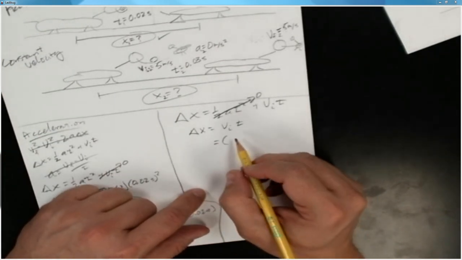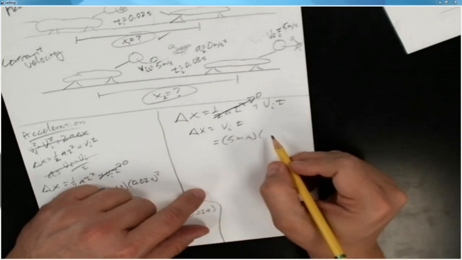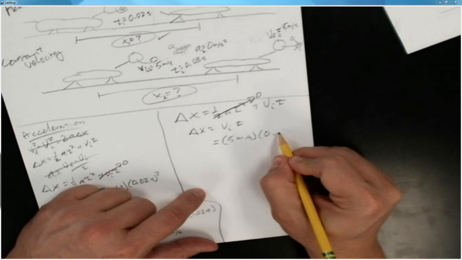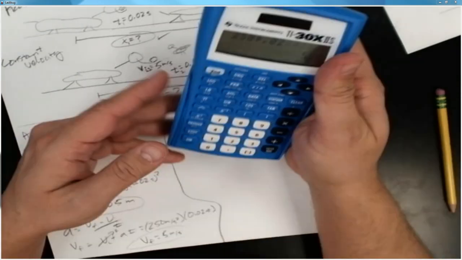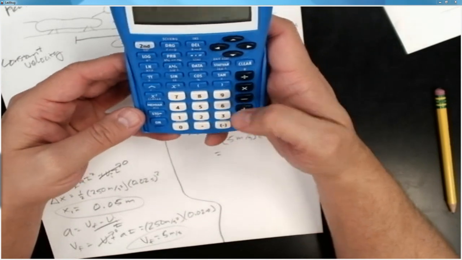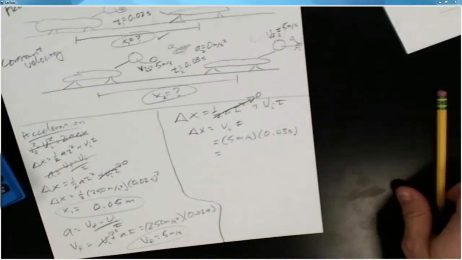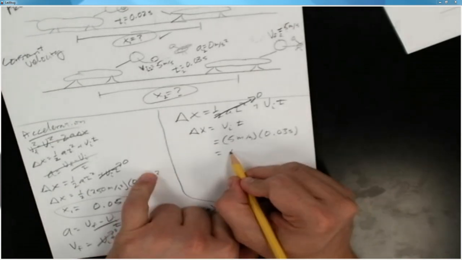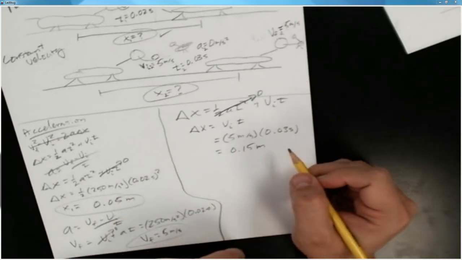And the rate is 5 meters per second. And the time is 0.03 seconds. So that's 0.15 meters.